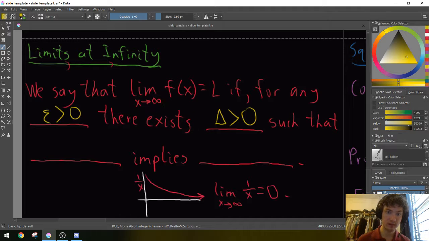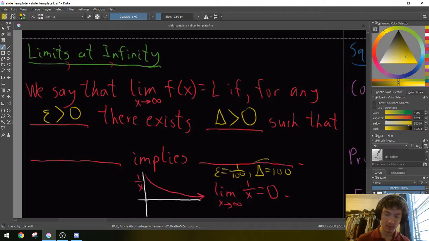So to make 1 over x smaller than epsilon equals, say, 1/100th, you would ask, how big do I need to make x? Then I just need delta to be 100.